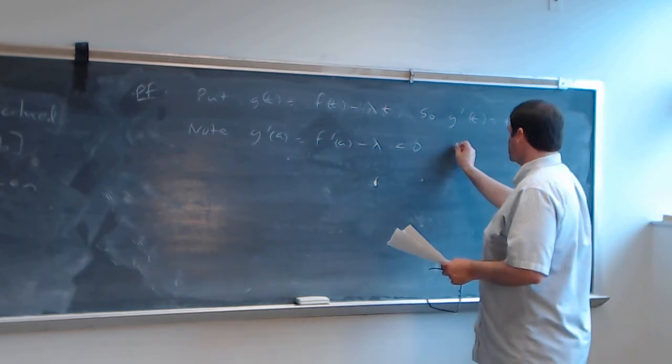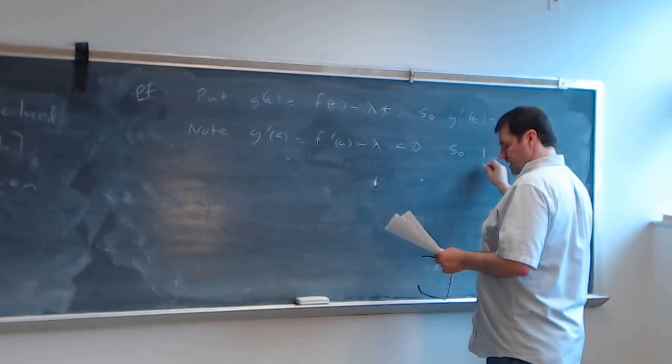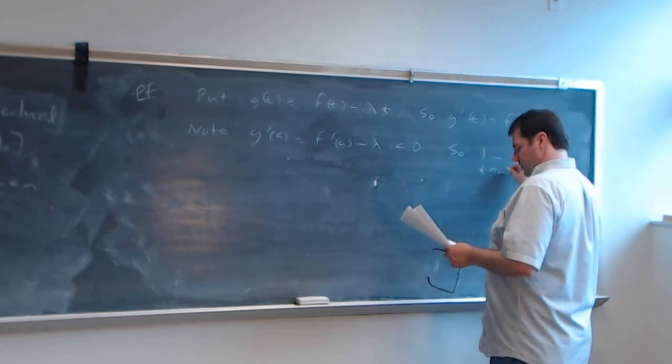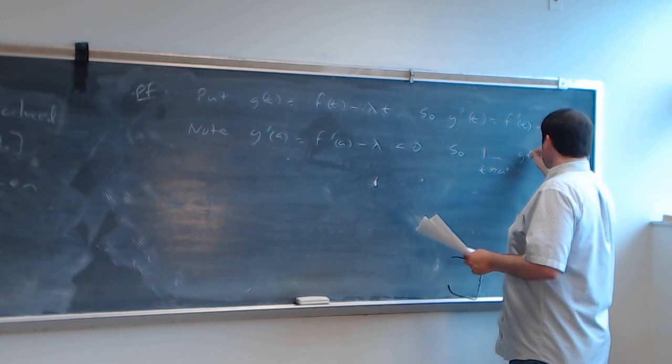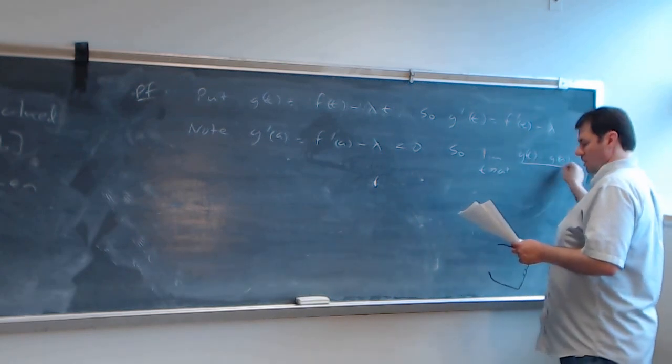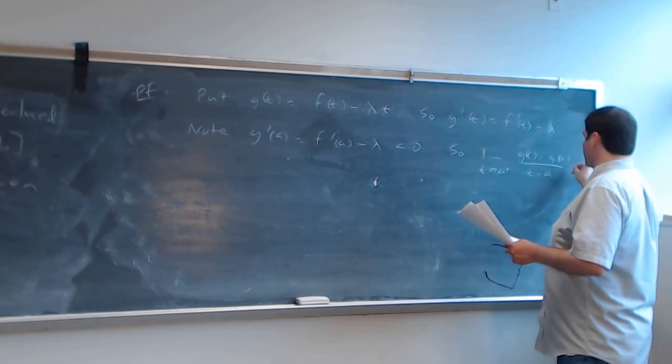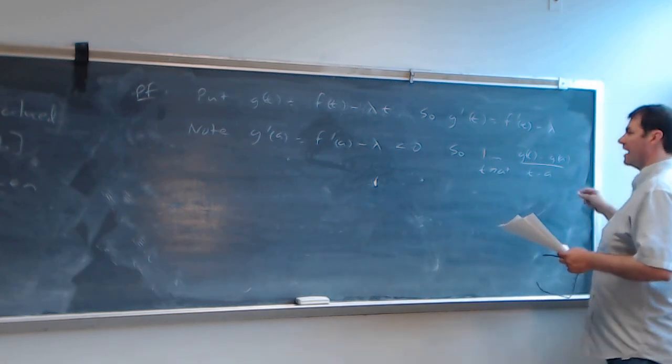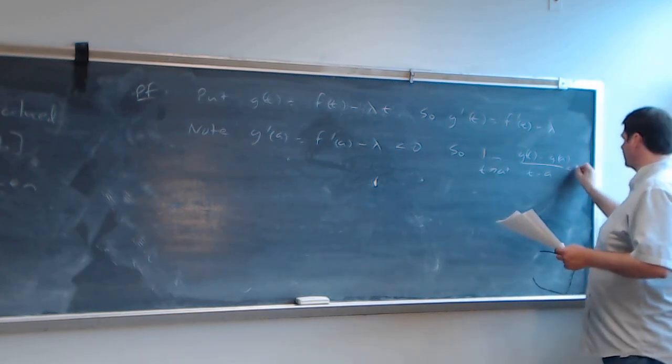Okay. So what that says is that the limit as t goes to A from the right of g of t minus g of A all over t minus A has to be less than 0.